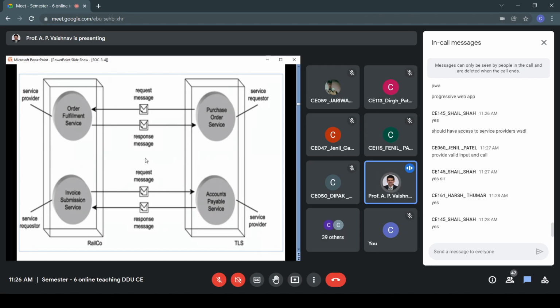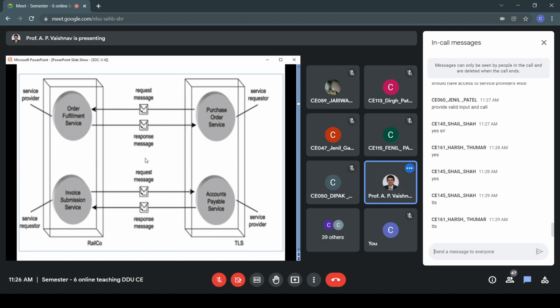Fine. So let us go through this example first. How does the communication start in this situation? Can you tell me? TLS is on one side, Railco is on the other side. So who will start communication? TLS or Railco? There are two companies, two solutions. Look at the services and answer.